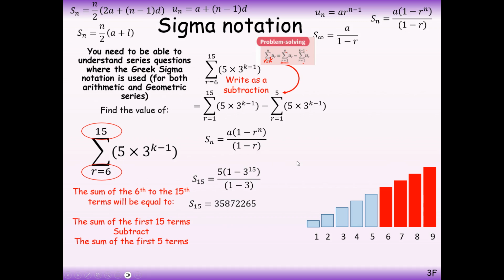3,587,000. Now then, you would find the sum of the first 5 terms, because we're supposed to start counting from the 6th. So the sum of the first 5 terms is used again, using the same formula, only using a power of 5 here.